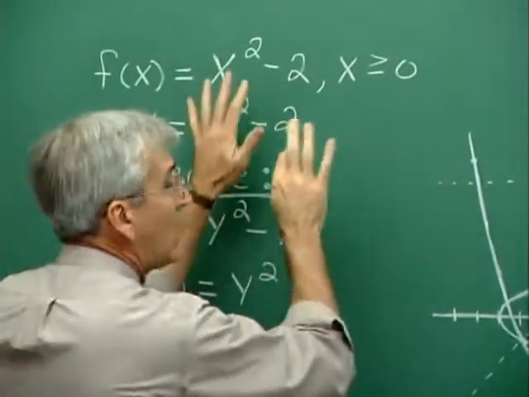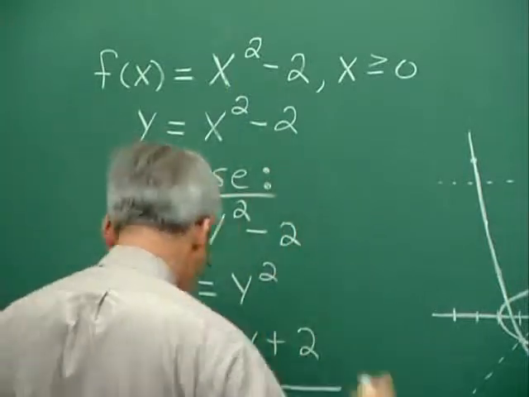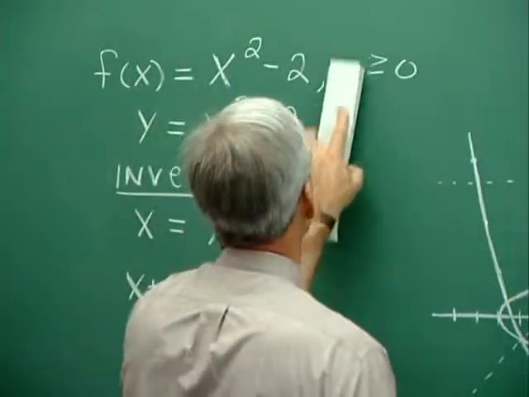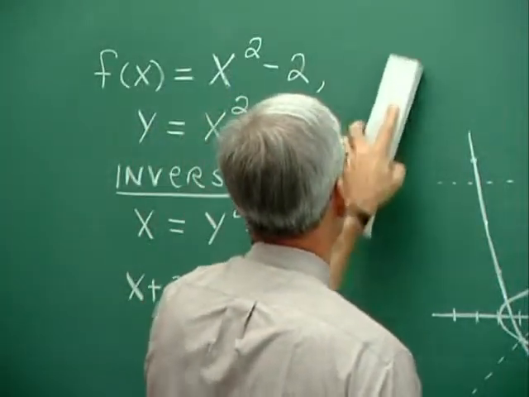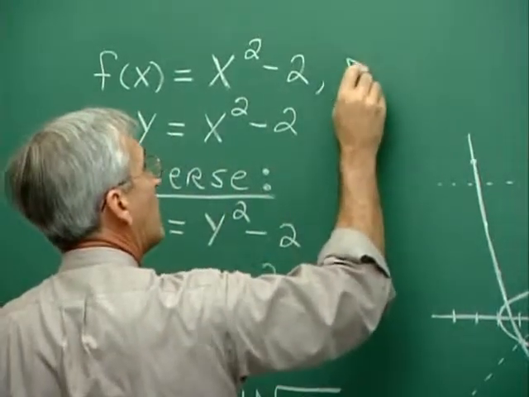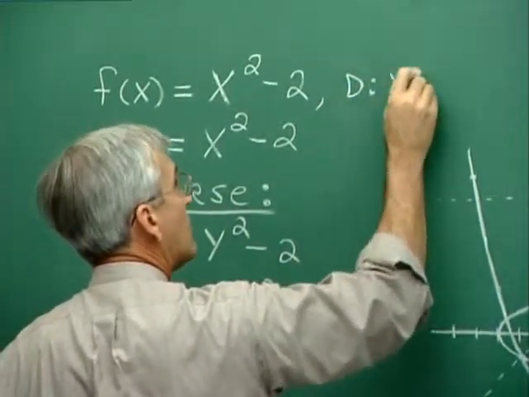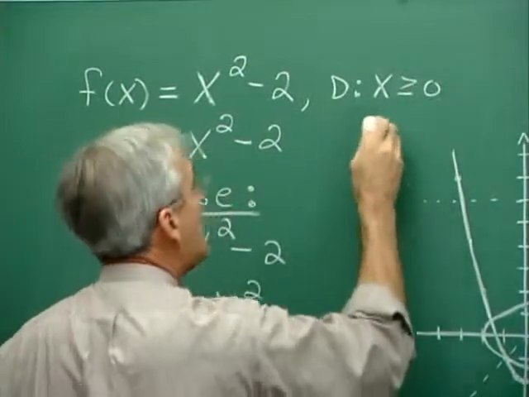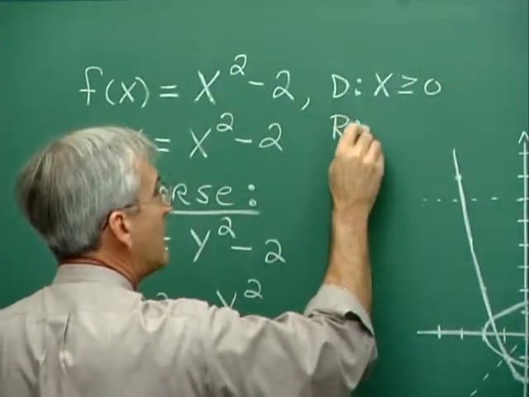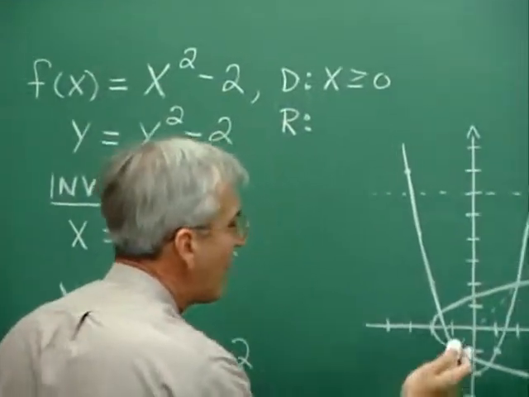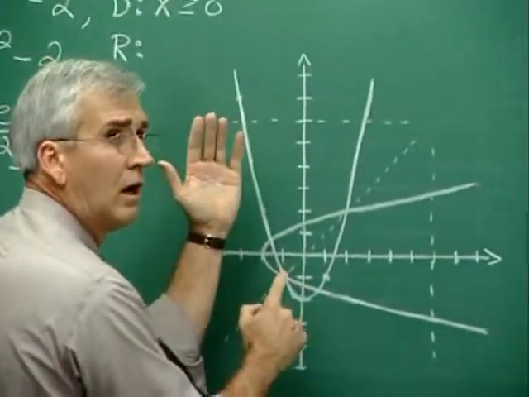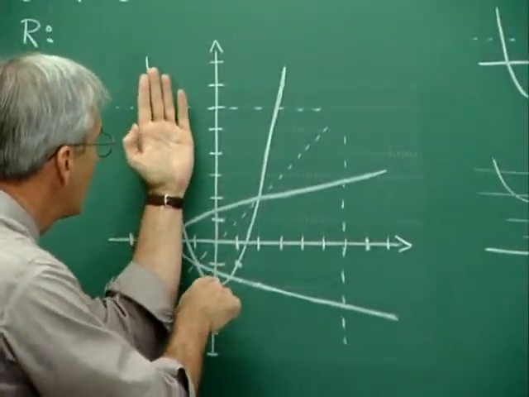Now, I can also go through a little discussion about range. Let me make this a little more clear by saying D for domain. The domain, x values greater than or equal to 0. Now for range, let's look at the graph and tell what values of y happen to appear on the graph.